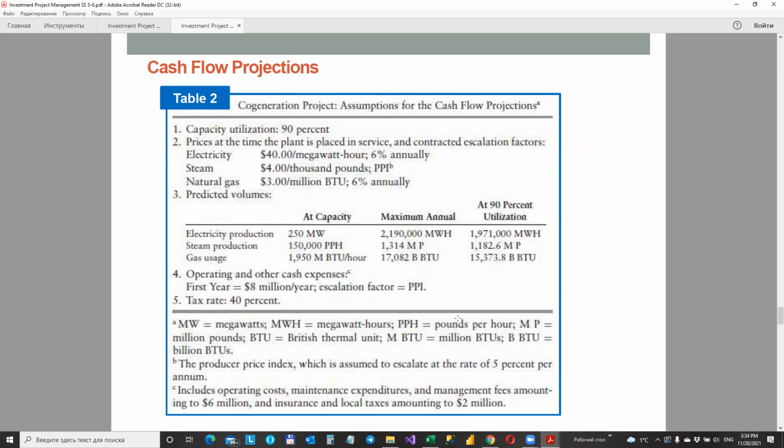So I will repeat, we have cash flow projection assumptions for the cogeneration project that are shown in this table. The contract volumes of electricity as specified in the electric power purchase agreement, and the steam as specified in the steam purchase agreement, establish the base output level for 15 years.